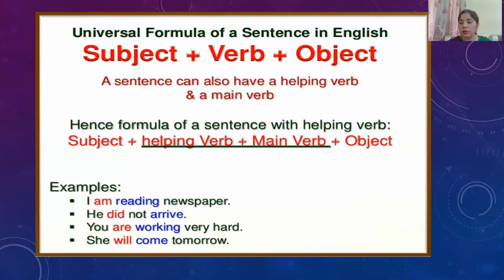He did not arrive. You are working very hard. She will come tomorrow. You can have both sets where only the main verb is there, or it can be a combination of both helping verb and main verb.